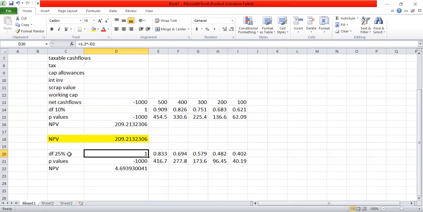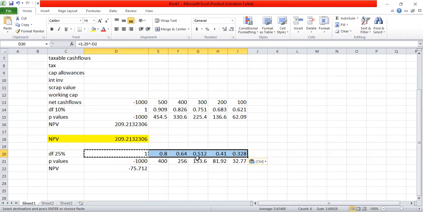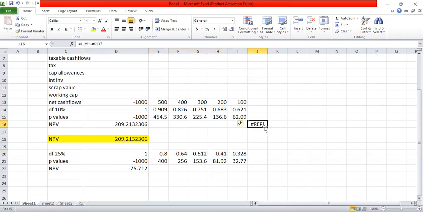Now it will be 1.25. This one, copy, paste on the next cell. Now see guys, this value is coming as a negative.